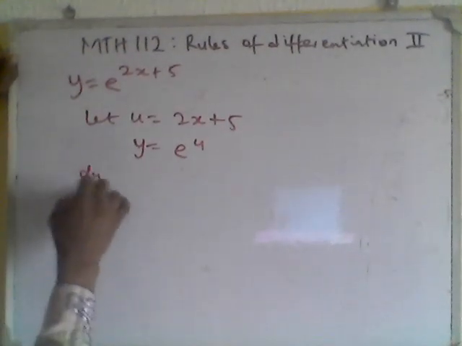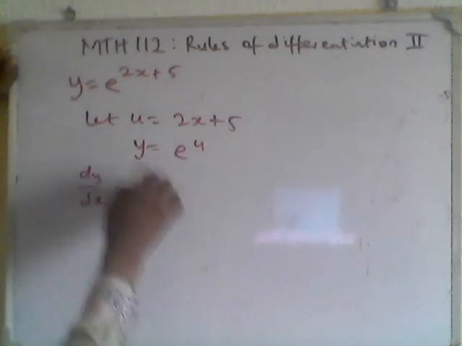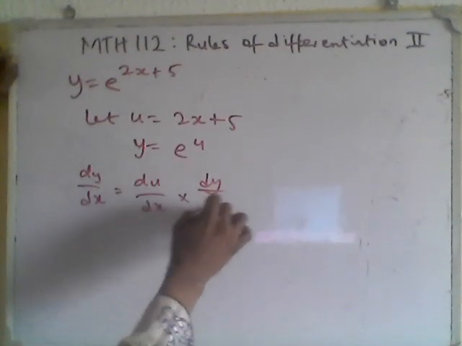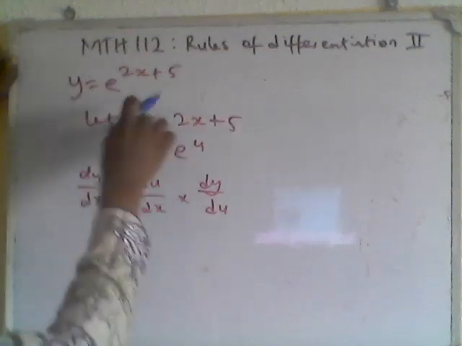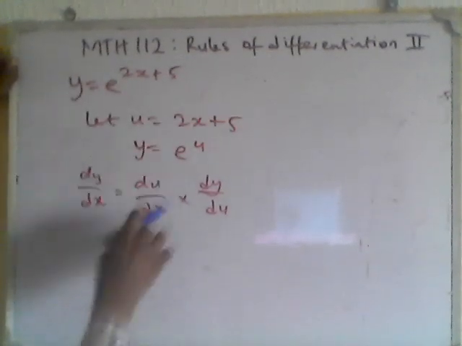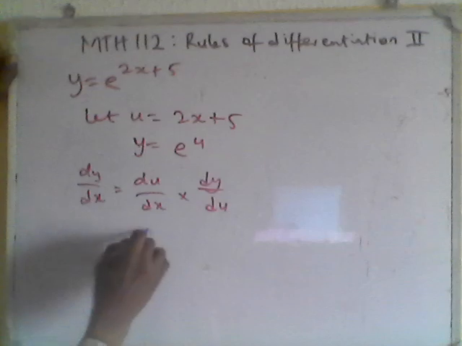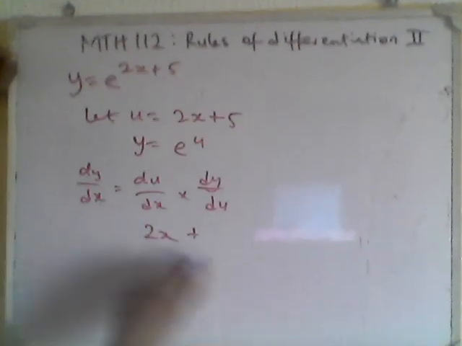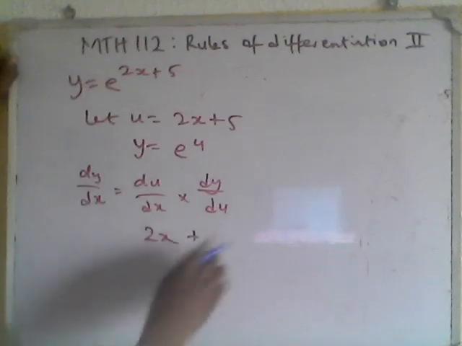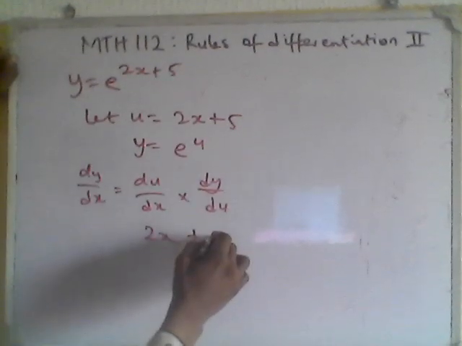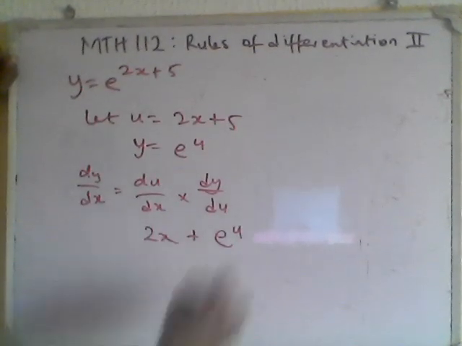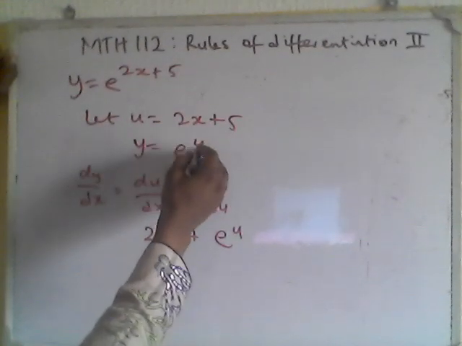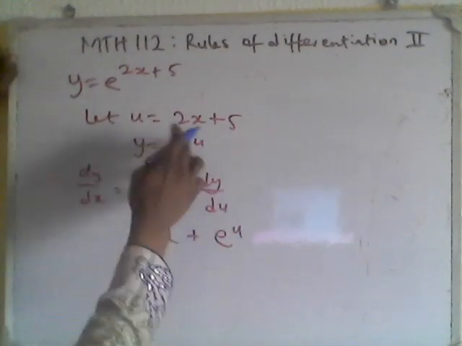So dy/dx is equals to du/dx times dy/du, right? So du/dx, this one is 2x. This one is the inside derivative. We call it the inside derivative. The outside derivative is exponential u. There's no coefficient to u here, so it's 1 that is there.